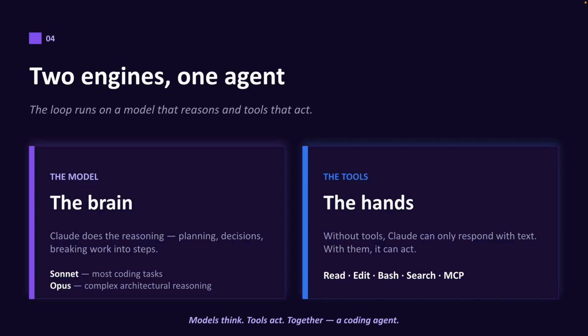Sonnet handles most coding tasks. Switch to Opus for complex architectural decisions. And the tools: without tools, Claude can only respond with text, right? With them, it can act as well. So models think, tools act, together a coding agent.